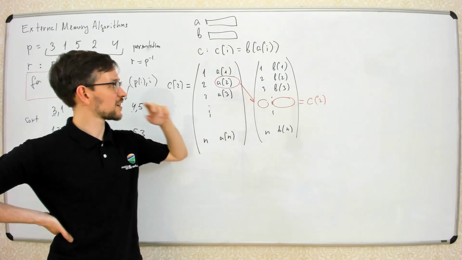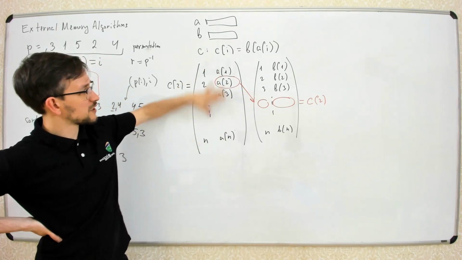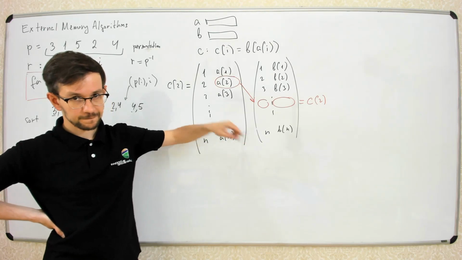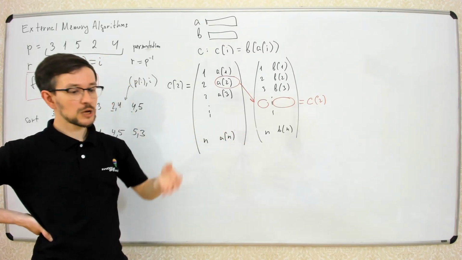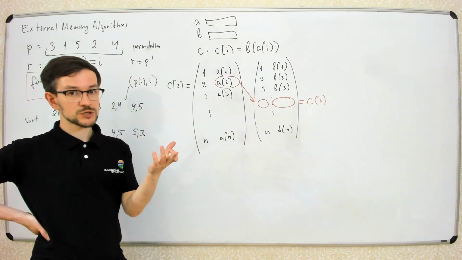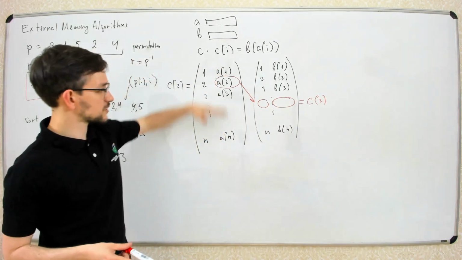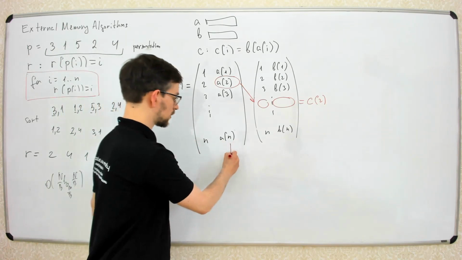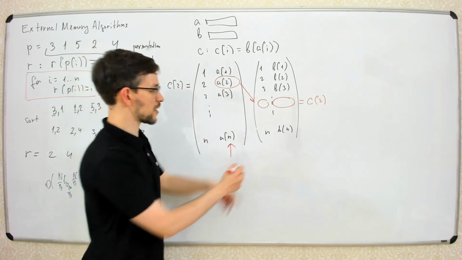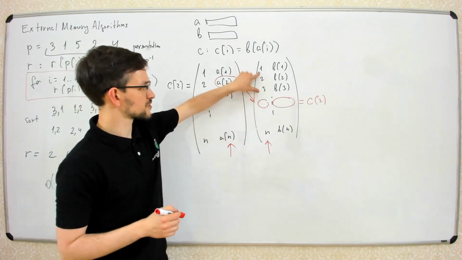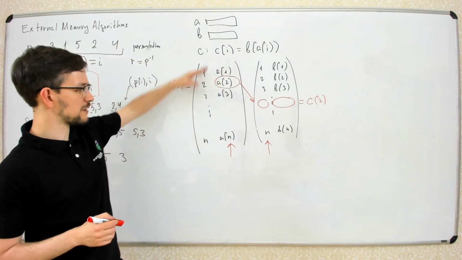So for each element here, you want to find the corresponding element here. And how to do it? You just sort both these arrays. So you sort the first array of pairs by this column, and this array of pairs by this column. No, it's already sorted, so it doesn't matter. So this array is already sorted, but you need to sort this array by this column.